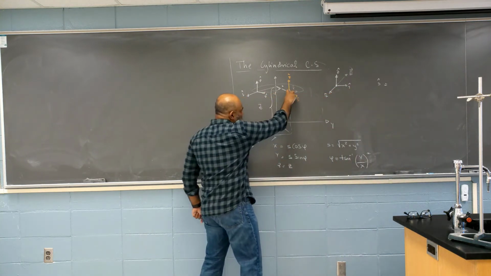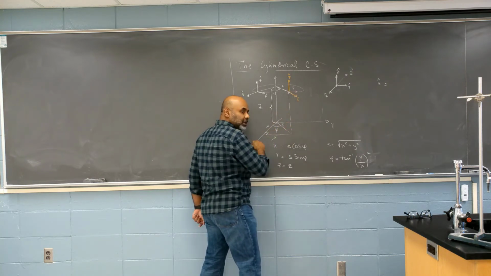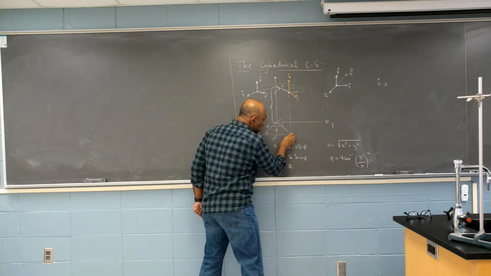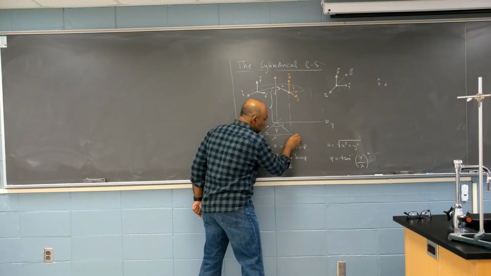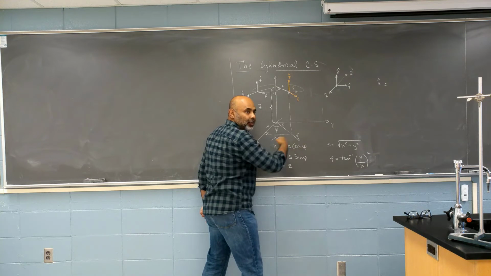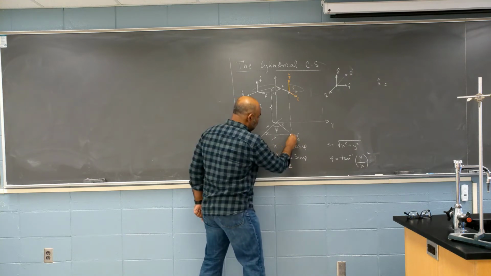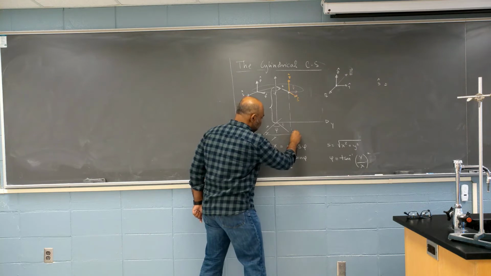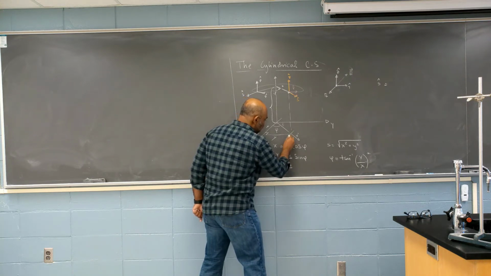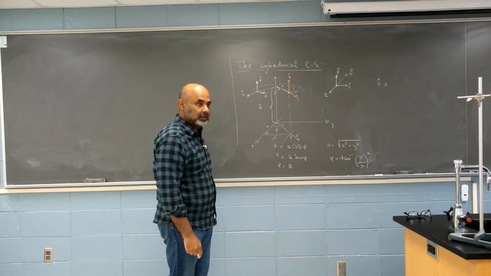So what I'm going to do, because this phi and the whole thing is in the xy plane, I'm going to bring this to this direction, because s hat only has x and y components. It does not have a z component. And if I draw a line parallel to the x-axis here, this angle is phi.